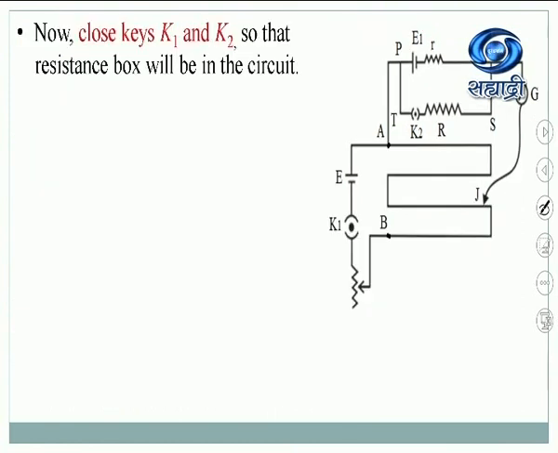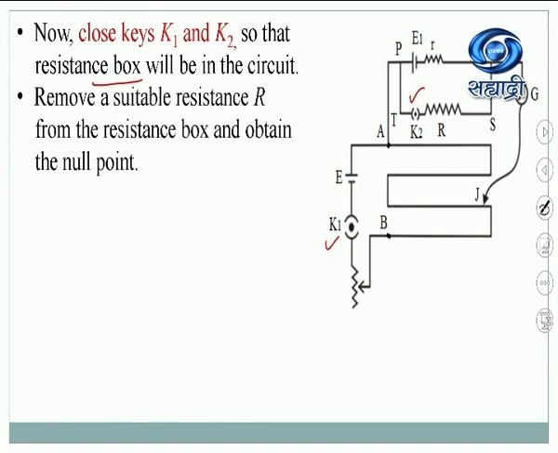Now close keys K1 and K2. When you close both K1 and K2, the resistance box comes in the circuit. So when this comes in the circuit, remove a suitable resistance R from the resistance box and obtain the null point, same as before.